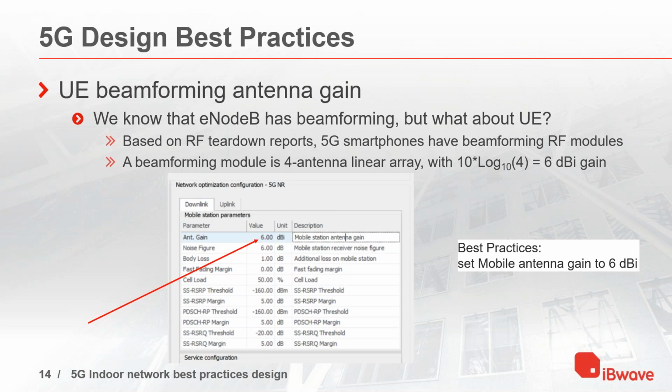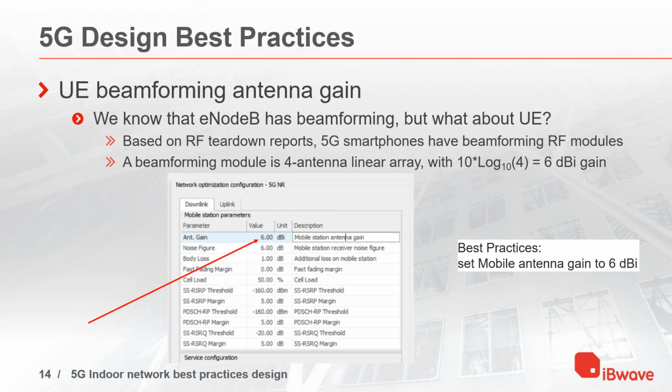Because there is a 4 antenna linear array, we have 6 dBi gain. It is pure antenna theory. If you have 4 antennas, then 10 log of 4 is your gain. 6 dBi is what I'm suggesting based on the theory, and that assumes that your individual antennas have 0 dBi gain, because it is 6 dBi plus the individual omnidirectional antenna gain.